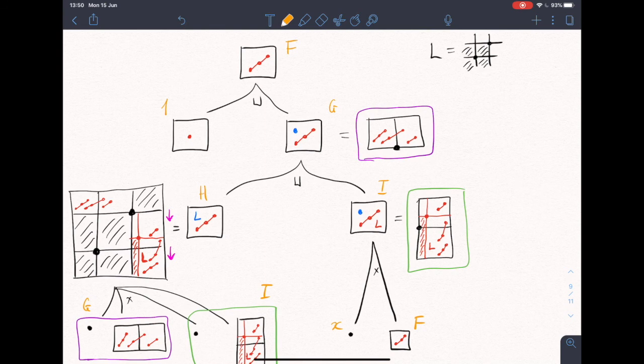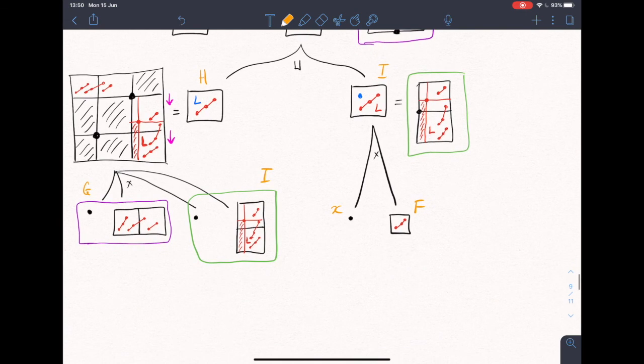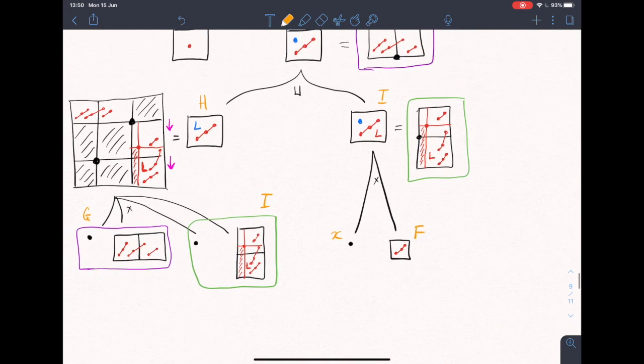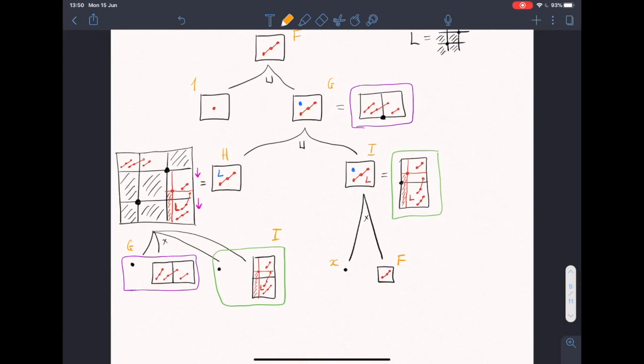Stare at this for a second and write down the equations. So we have F is 1 plus G, disjoint union at the root.